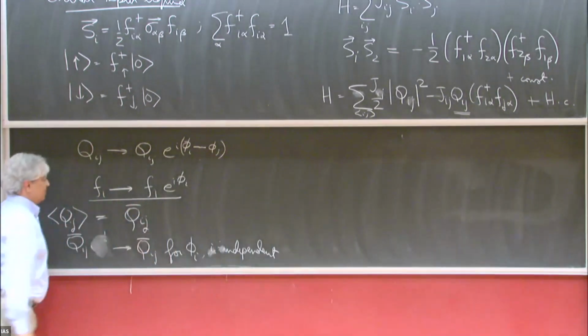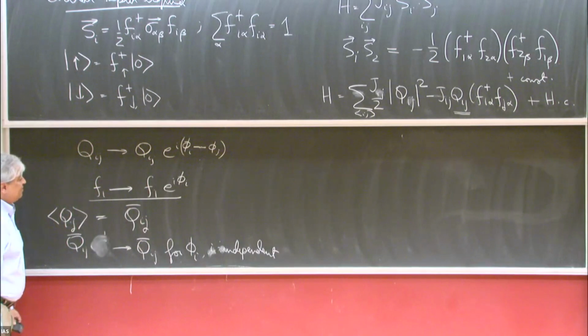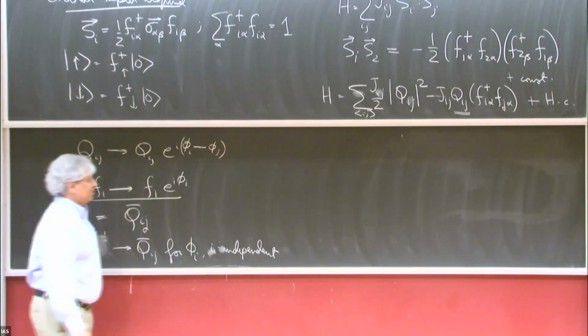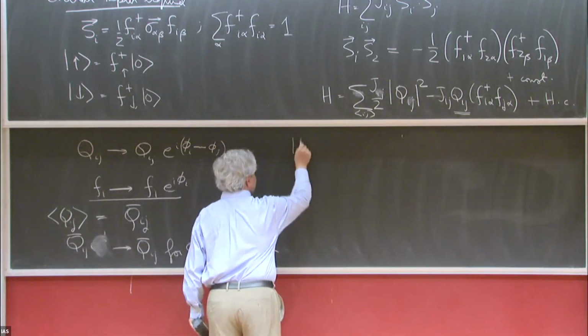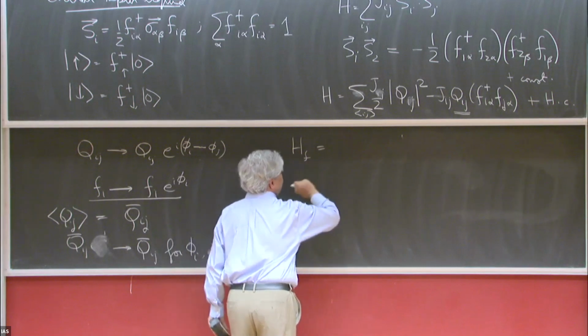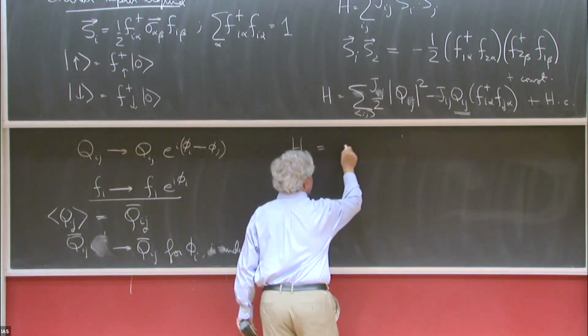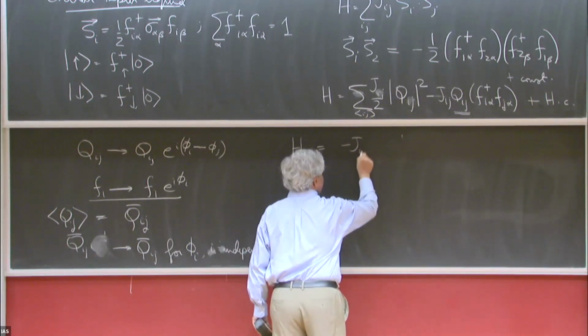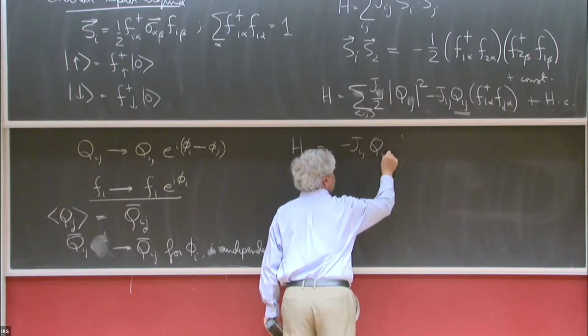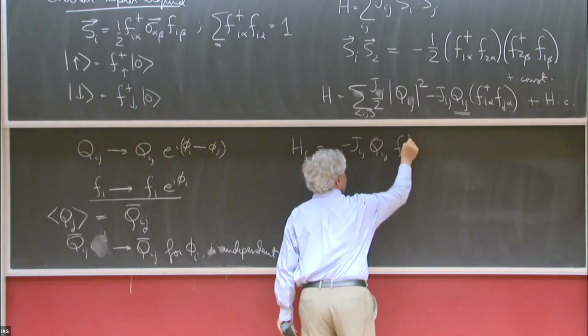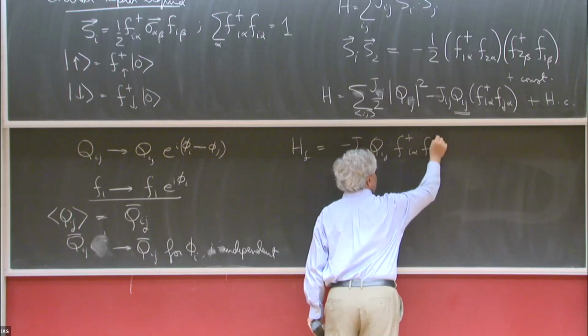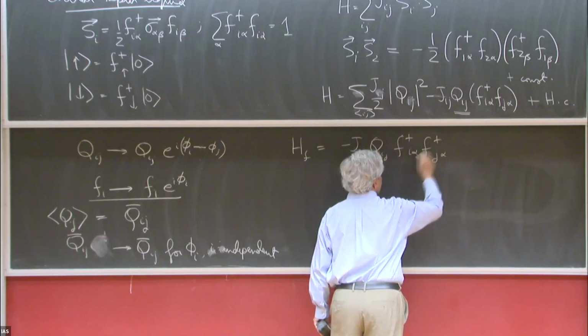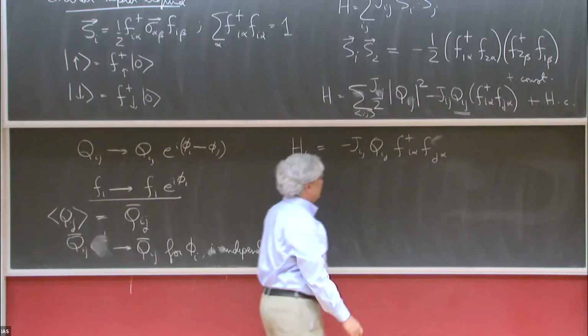But now let's look at the effective Hamiltonian. I have some Hamiltonian for the fermions. It's extremely simple. It's just some free fermion Hamiltonian, minus Jij Qij f dagger i alpha f j alpha, no dagger on the second one, crucial.